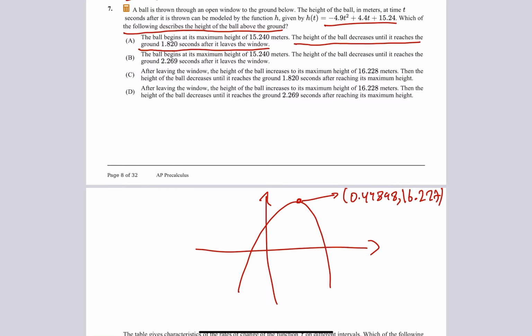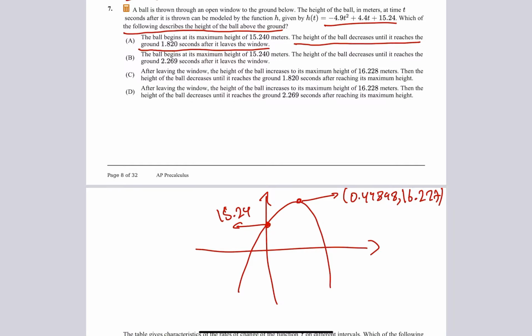Let's have a read of the first option. The ball begins at its maximum height of 15 point. No, that's not the case. It definitely does not. It's thrown through an open window, and the open window is at 15.24. That is correct. It's thrown from this, right?